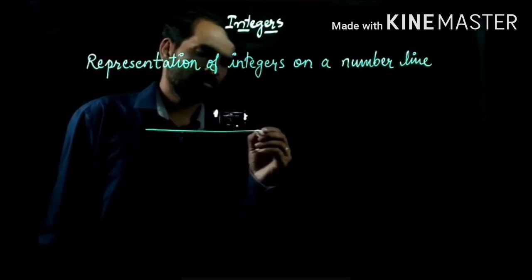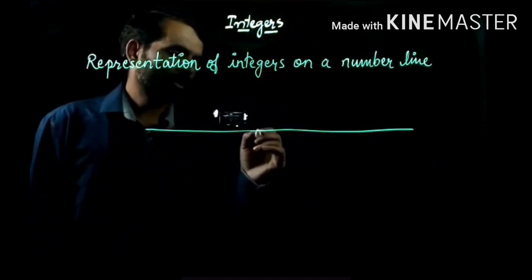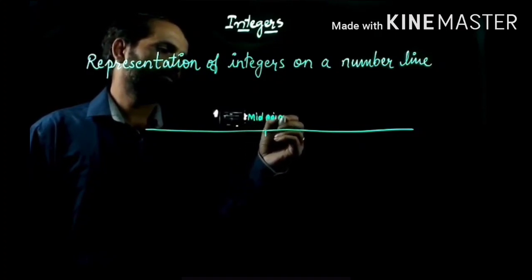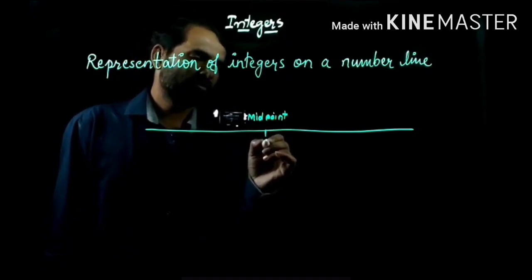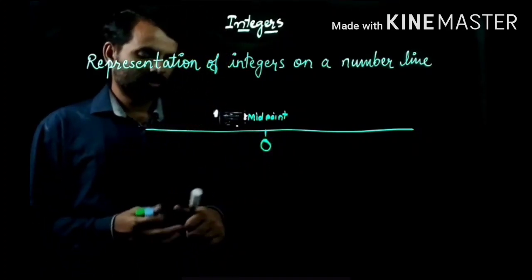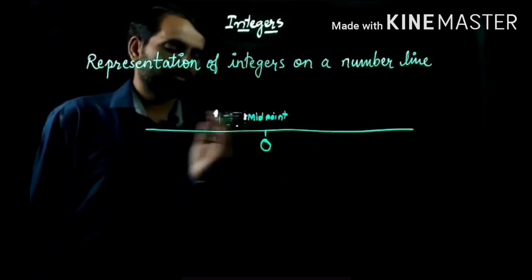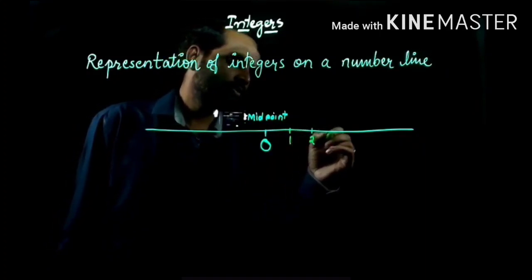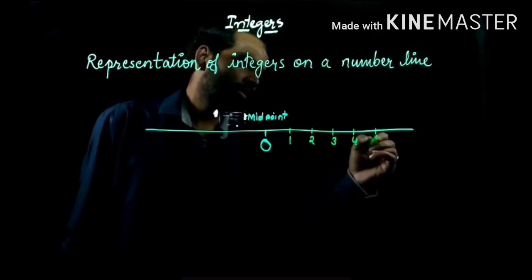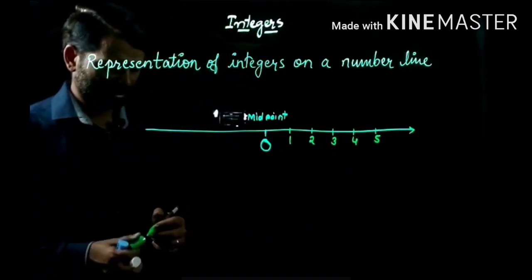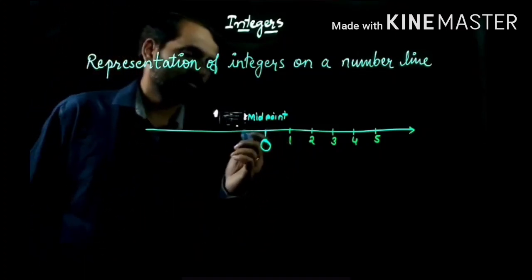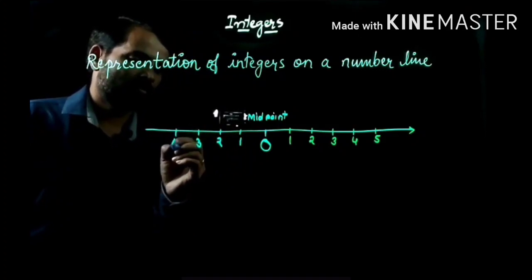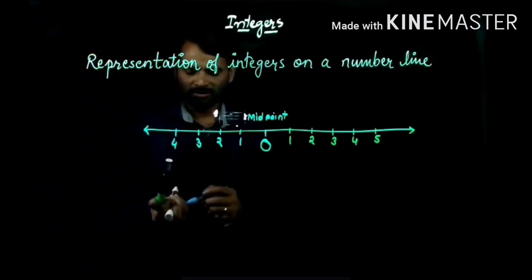The center is called the midpoint of the number line, showing the point 0. On the right hand side and the left hand side, at the same distance, mark 1, 2, 3, 4, 5 and so on. This is a normal number line.